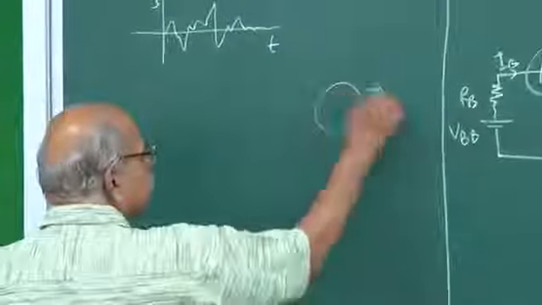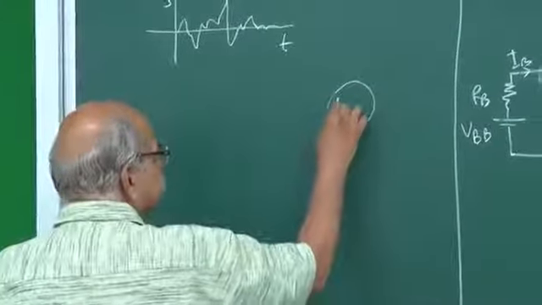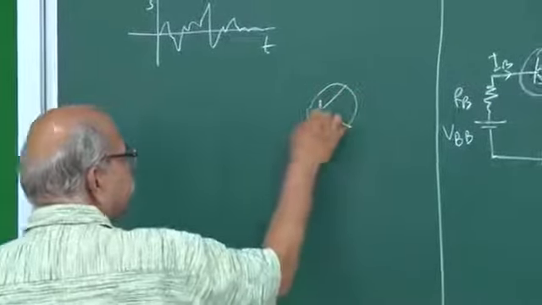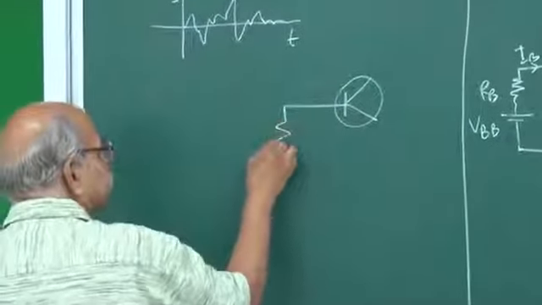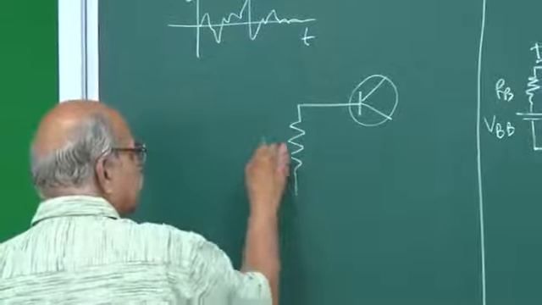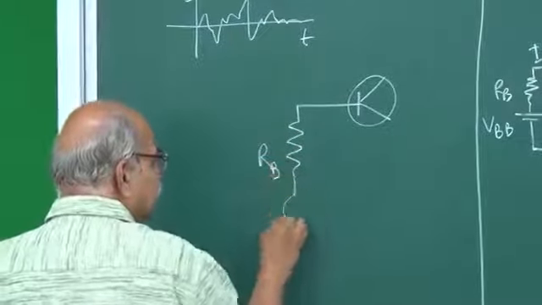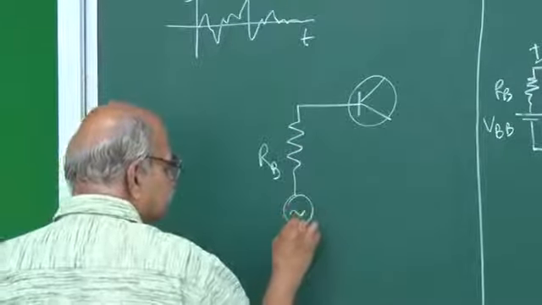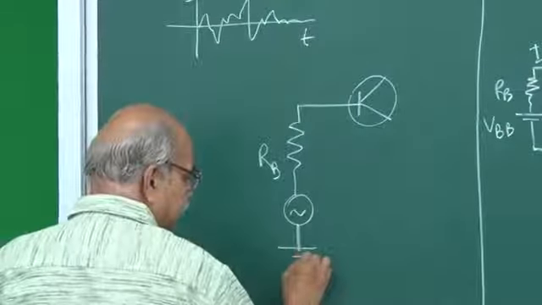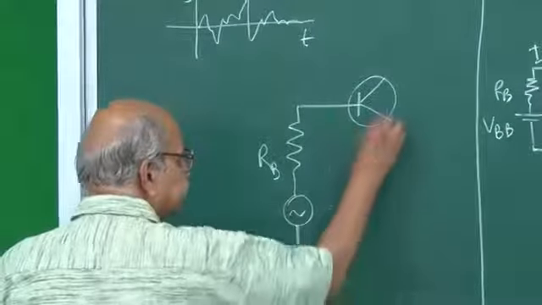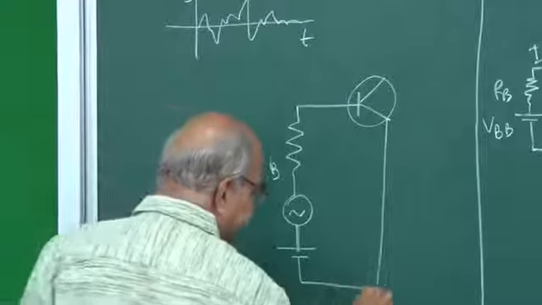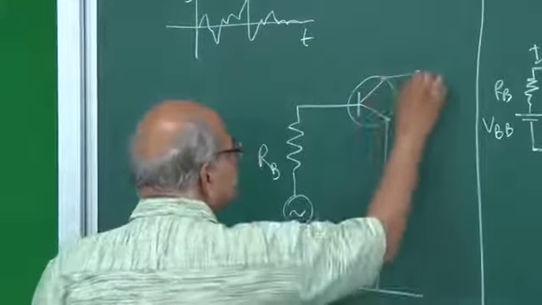Same diagram I am repeating. So this is RB and then I have this signal here and then I have this biasing battery. And this side is the same.